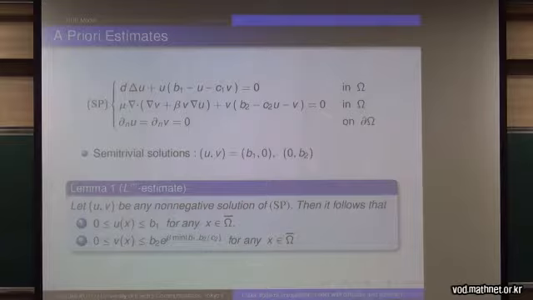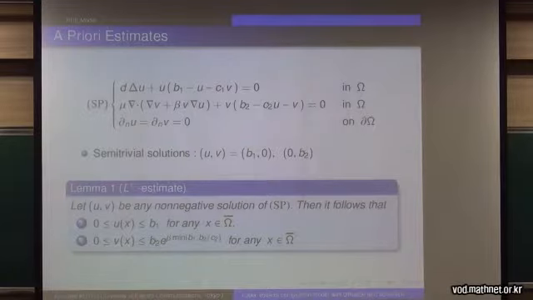Let's begin with the L infinity a priori estimate for every solution. Okay. Let u, v be any non-negative solution of SP. So u is always bounded by B1 here. And v is bounded by B2 times such an exponential term. Okay?